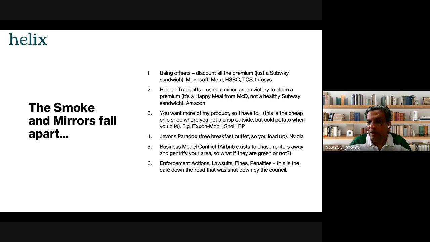So we are not buying fossil fuel based electricity for this one. We put solar panels on top of one warehouse. So it's basically a happy meal from McDonald's, not even a healthy Subway sandwich. Definitely not worth the Ritz-Carlton price, right?